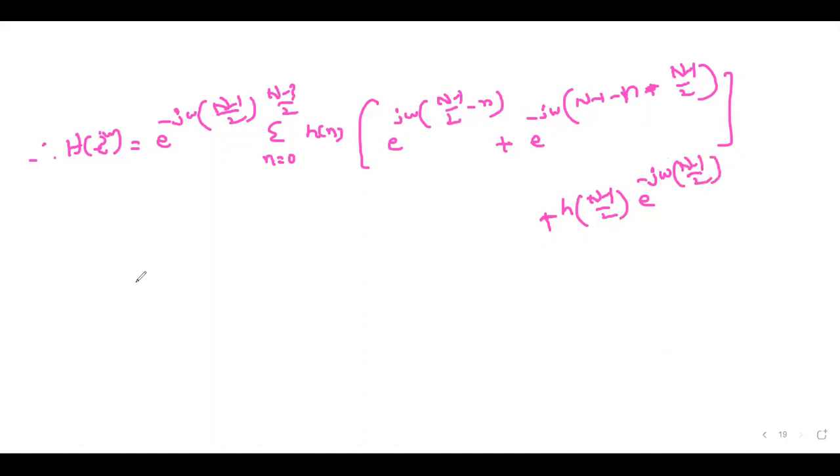Okay, now this is equal to e^(-jω). From this and this both you can take common.